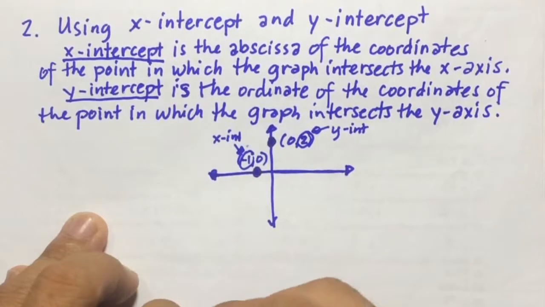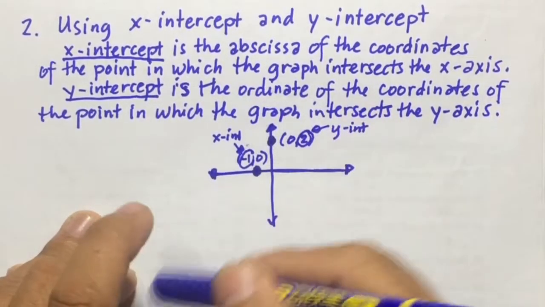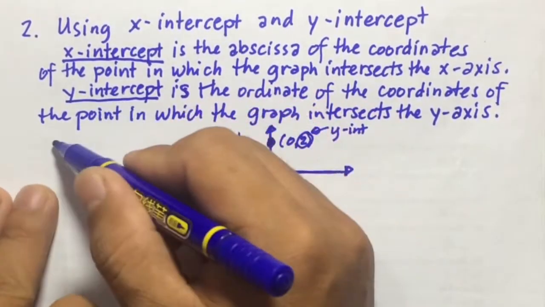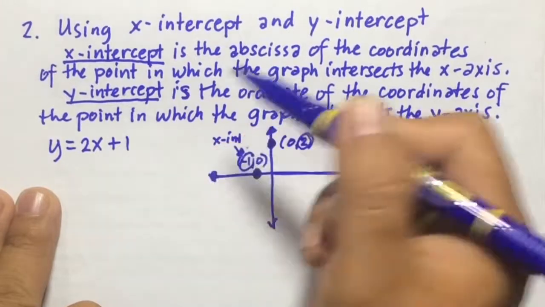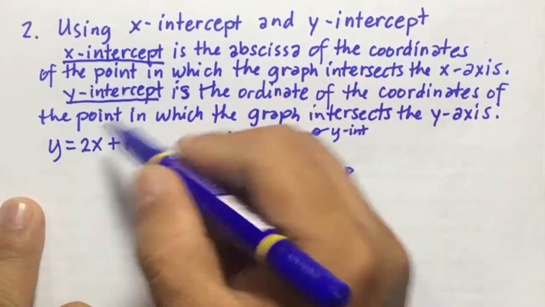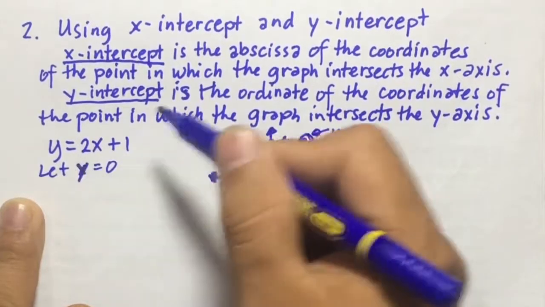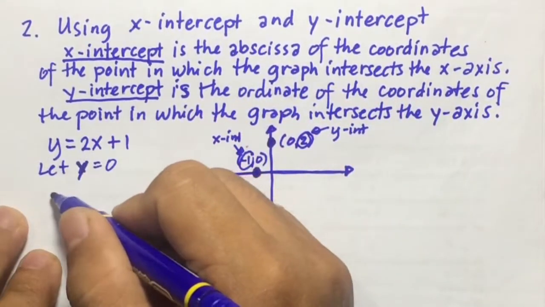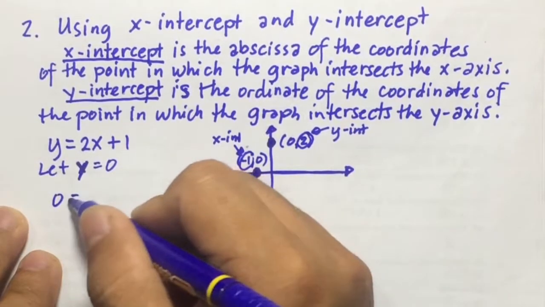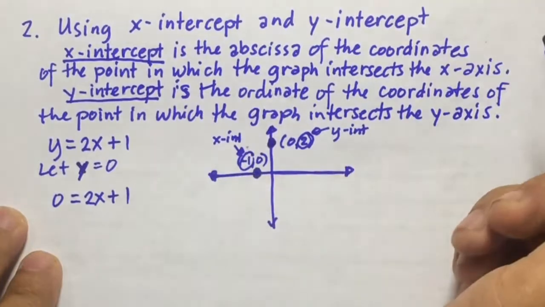Therefore, if you are going to find the x-intercept of the linear equation y equals 2x plus 1, what we're going to do here is let y equals 0. So if y is 0 here, we are going to have 0 equals 2x plus 1.